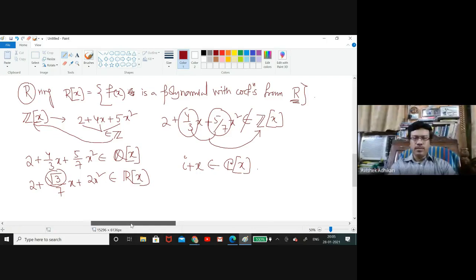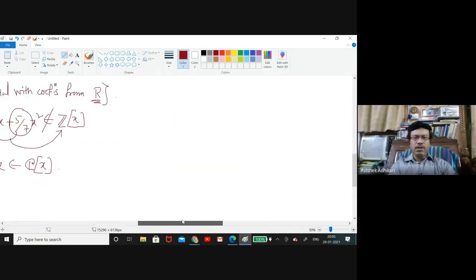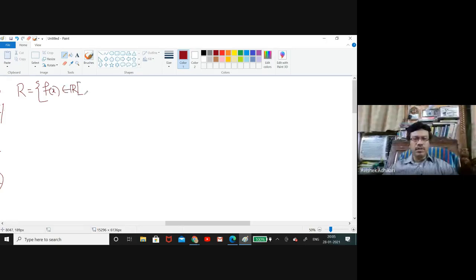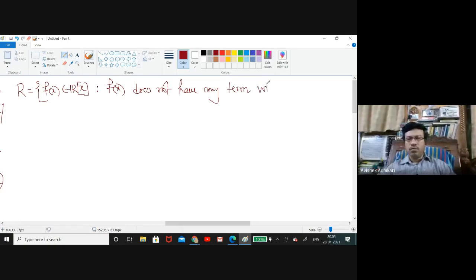Now have a look at a particular kind of ring. Say R is a ring of this form, say all such polynomials belonging to R[x], meaning real coefficients, such that f(x) does not have any term with degree 1 or 0.